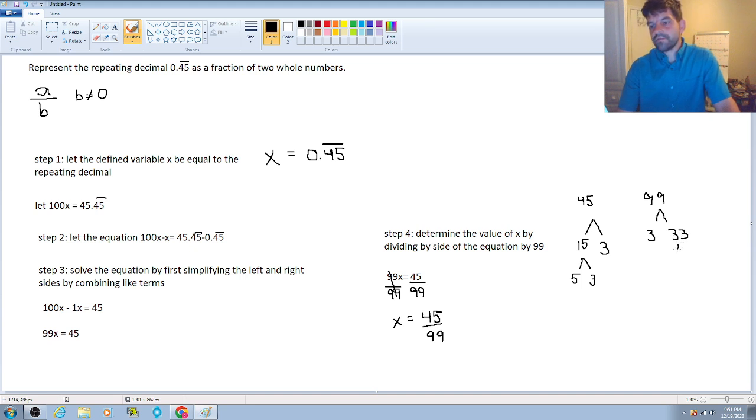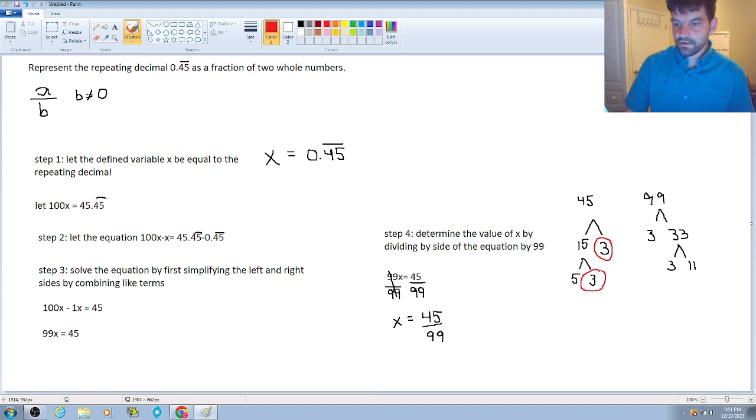And then 33 is a product of two prime numbers being 3 and 11. So now what we do is we look at the greatest common factor by determining all of the common prime factors they have. So here their common prime factors are going to be 2 pairs of 3's.